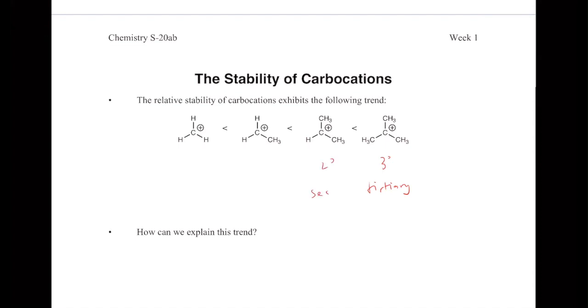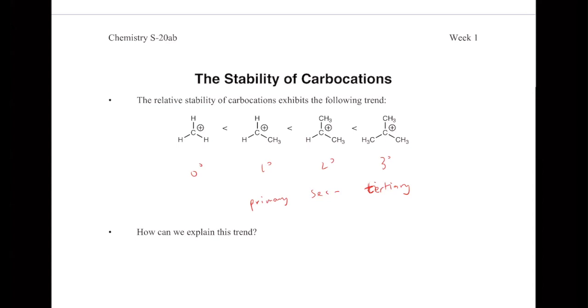This is called a primary. And this one is the 0 level, right? So how we define 1, 2, 3 is based on how many carbons are connected to the carbon with the positive charge. So this makes sense to you, right?